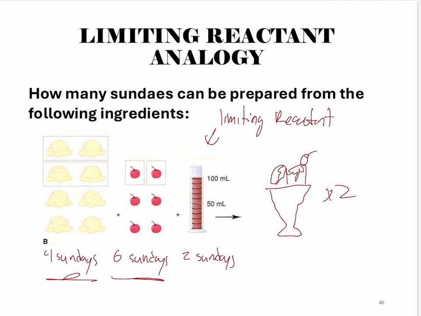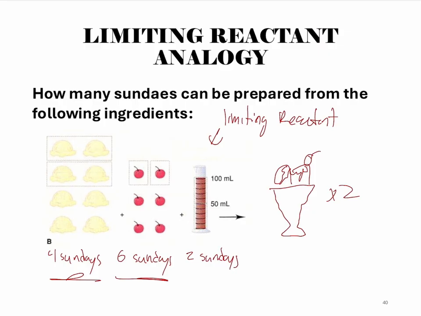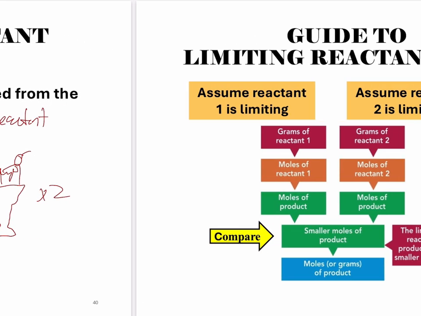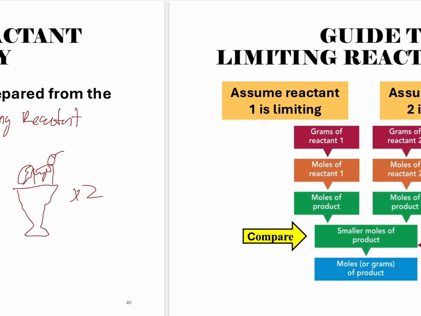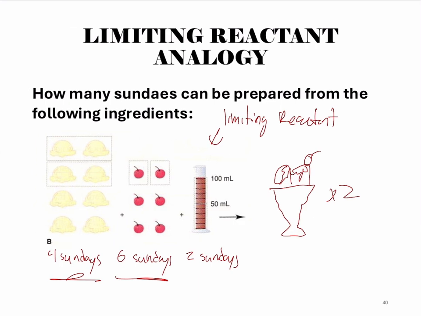And so with chemical reactions, it's the same idea, except we're going to be looking instead at the moles of products being made. Instead of tasty sundaes, there's probably some hazardous chemicals that we'd be looking at, or pollutants for the environment. And so the general guideline for this, right, here it's easy to look at this pictorially, like as a picture, and then determine, okay, well, that's going to limit the number of sundaes we can make.